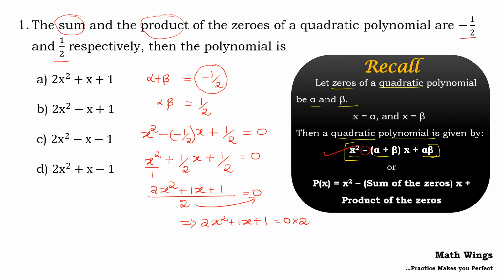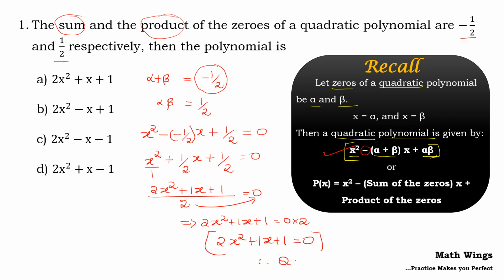When I take this 2 to the other side, it becomes 0 into 2, which is equal to 0. So, this is the quadratic equation.